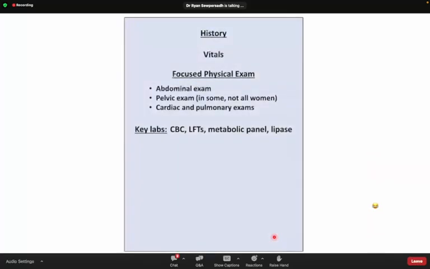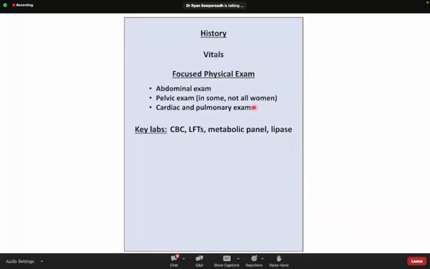So the next thing that follows is your vital signs, obviously, right? Vital signs, and a focused physical exam should, of course, include a thorough abdominal examination. If any type of reproductive pathology is on the differential for the female patient, you want to do a pelvic exam, do a PV, do a speculum exam if indicated.